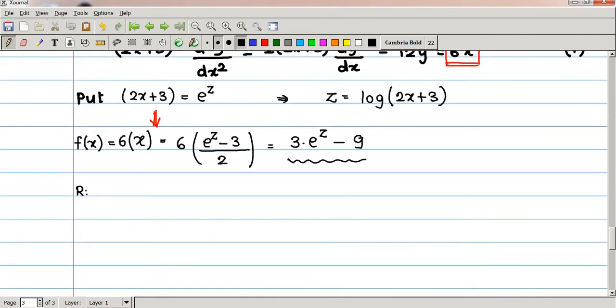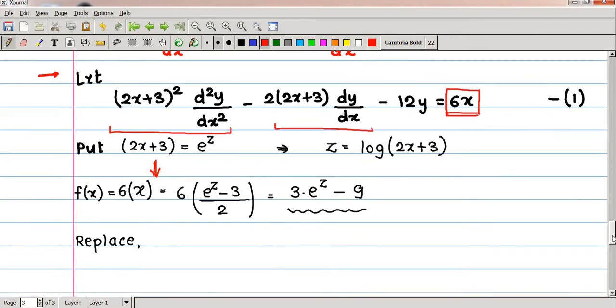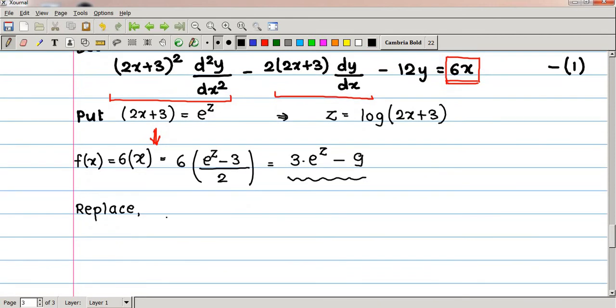By using this substitution, we can replace the variable coefficient terms in the given differential equation. There are two variable coefficient terms. So we replace (2x+3) dy/dx.